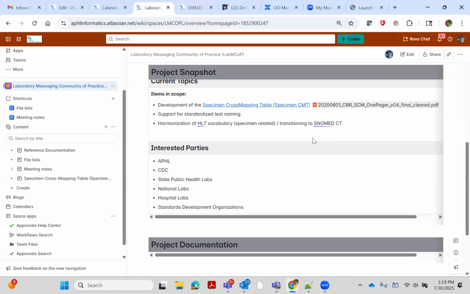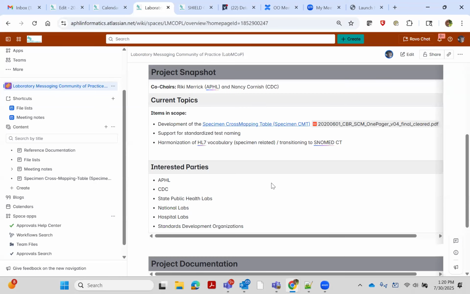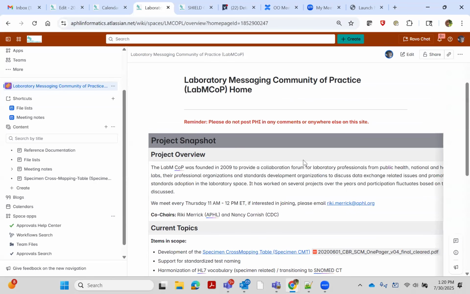So in general, it's a venue for anybody who's doing lab data exchange to bring up a topic to find the right people to help work on it. Any questions on the lab COP? Okay.